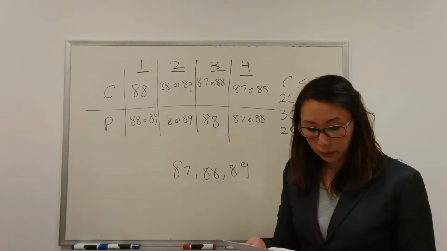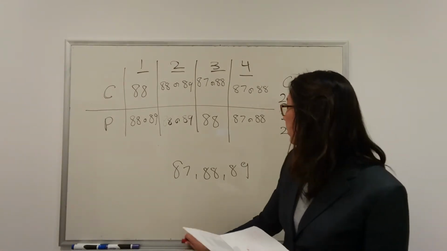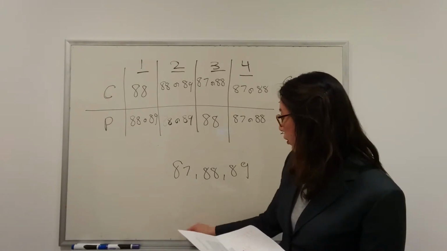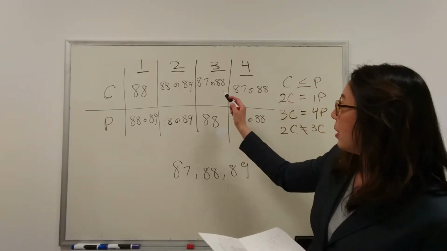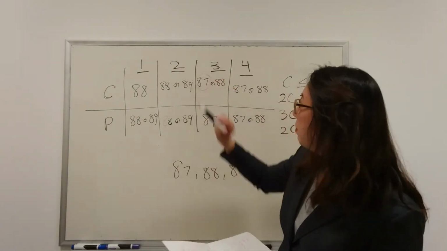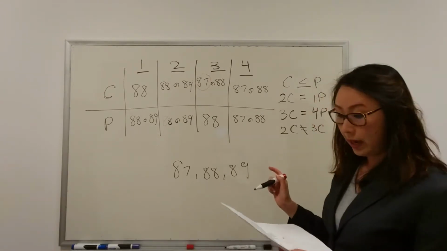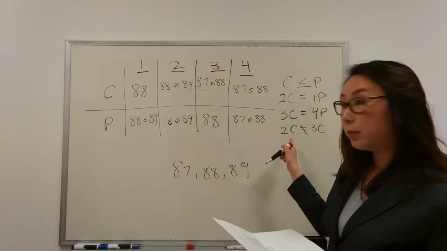So let's take a look at the rule. The computer in Office 3 was bought in an earlier year than the printer in Office 3. We know that the printer in Office 3 was purchased in 88, so that means for the purposes of this question only, the computer in Office 3 must have been purchased in 87. Now let's start to apply some of our rules here again.